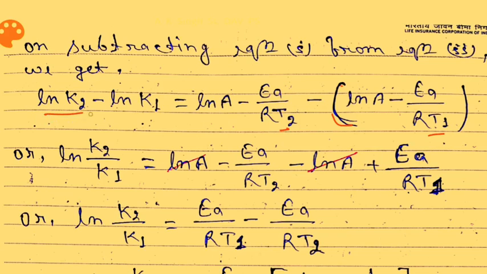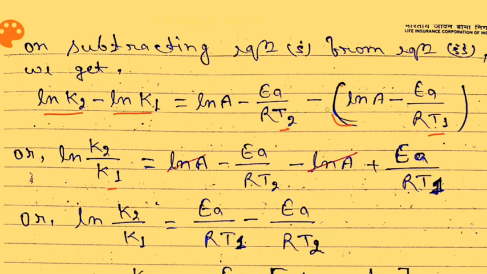As it is in the form of log A minus log B, so we can write it log A by B, means ln K2 by K1 is equal to ln A minus EA by RT2.